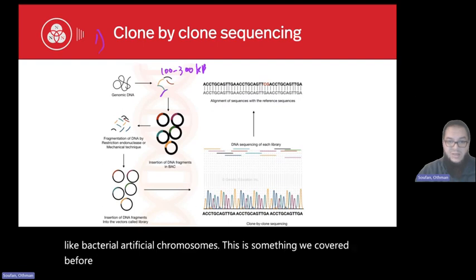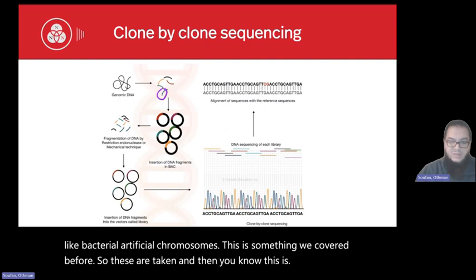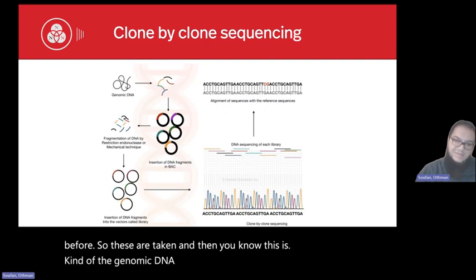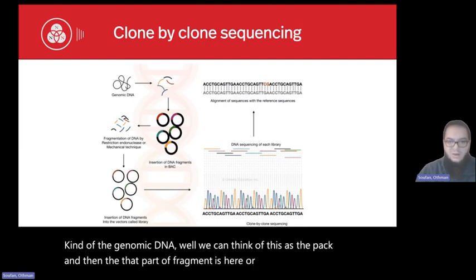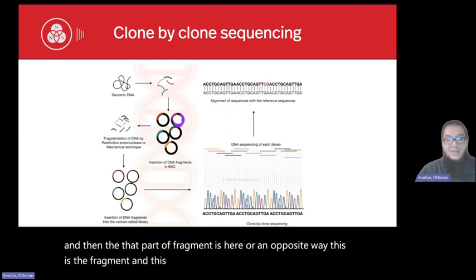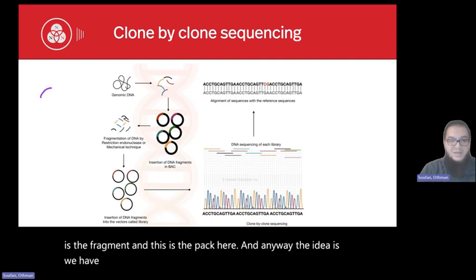So these are taken, and this is the genomic DNA. In any way, the idea is we have the vector here, and then we have our fragment that we attach into it.